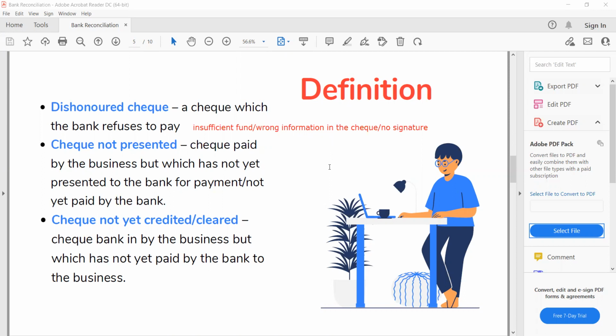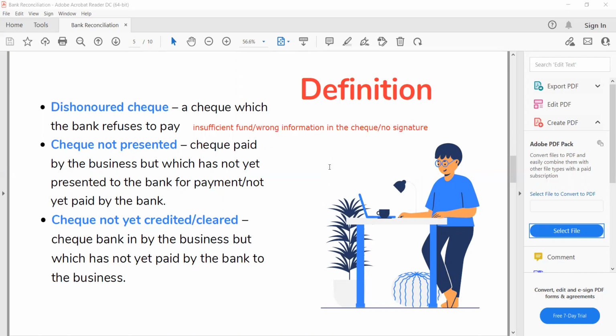Cheque not presented: a cheque paid by the business but which has not yet been presented to the bank for payment, not yet paid by the bank. Cheque not yet credited or cleared: a cheque banked in by the business but which has not yet been paid by the bank to the business.